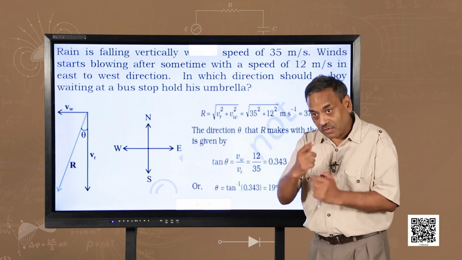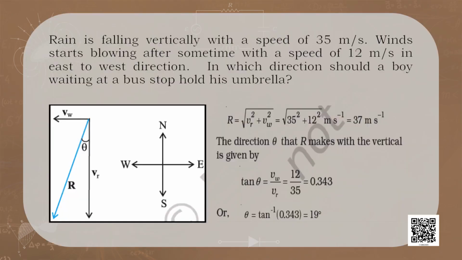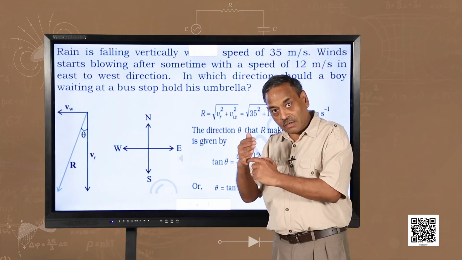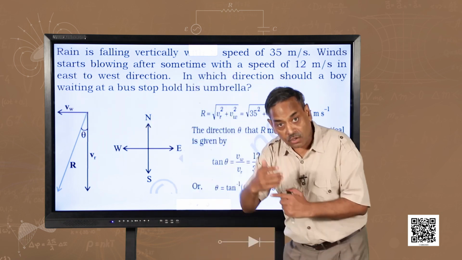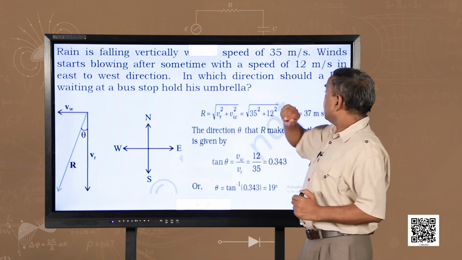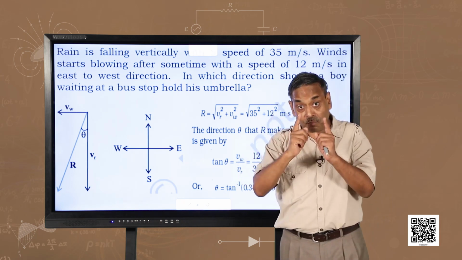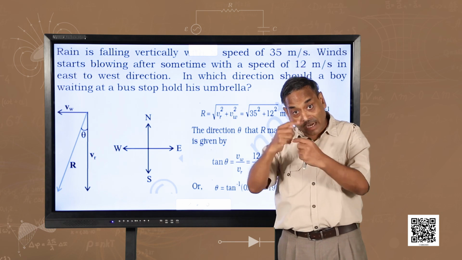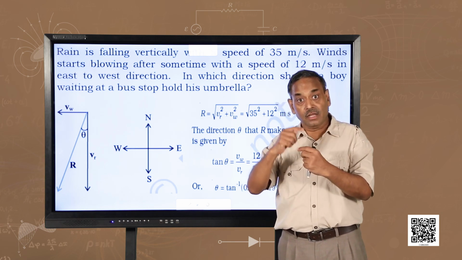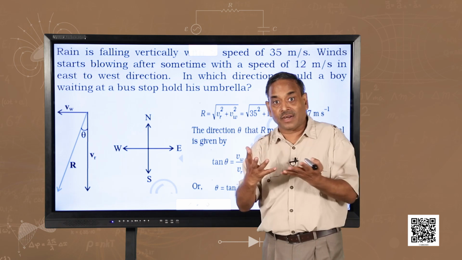Now, these are the velocity vectors. Now, suddenly the wind starts blowing along a direction from east to west with a speed of 12 meter per second. Remember my words: speed of 12 meters per second is a scalar, but when I add the direction to it, from east to west, it becomes a vector quantity.